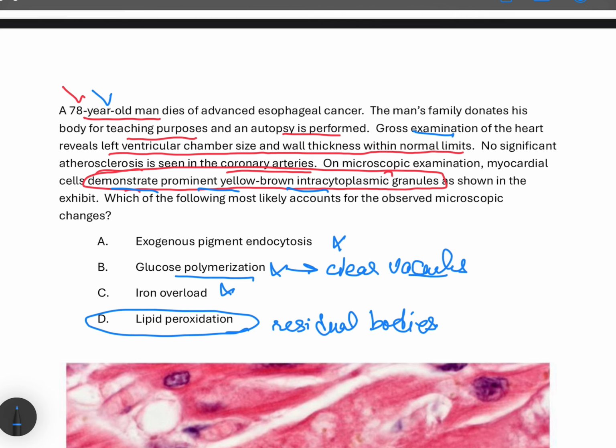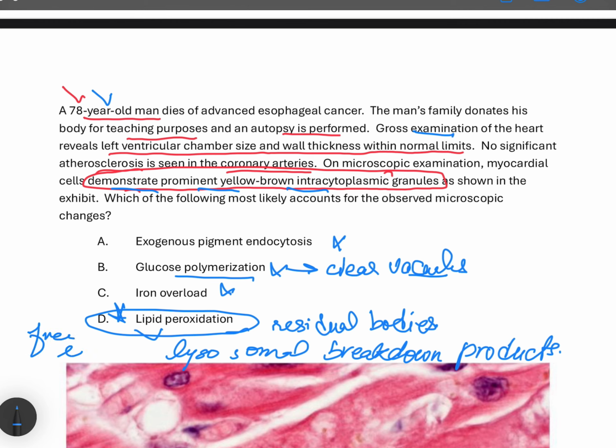In this man, the myocardium shows lipofuscin, and lipofuscin is composed of lysosomal breakdown products. It also includes lipid polymers and protein complexes and phospholipids that result from free radical injury and lipid peroxidation.